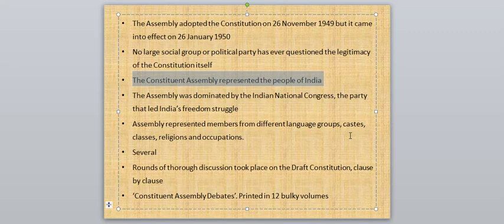So the Constituent Assembly could only be chosen by the members of the existing provincial legislatures at that time. It means the parliaments of that time, okay, from the provincial legislatures वहीं से ये सारे members जो हैं वो elect किए गए.